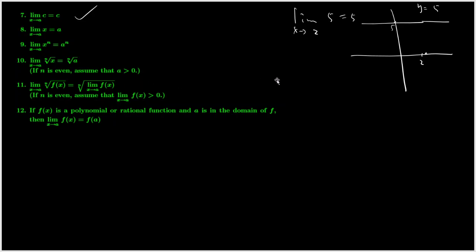Actually, for property 8, 9, and 10, and 12, so not 11 yet, not 11. For all these properties, I'm going to summarize all these properties.